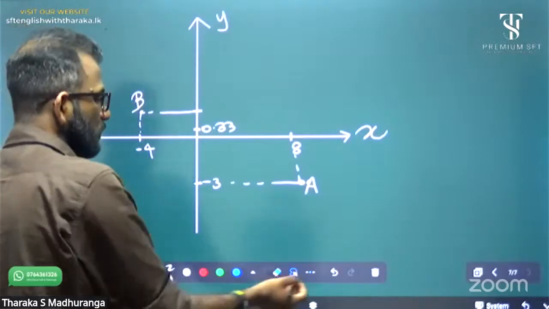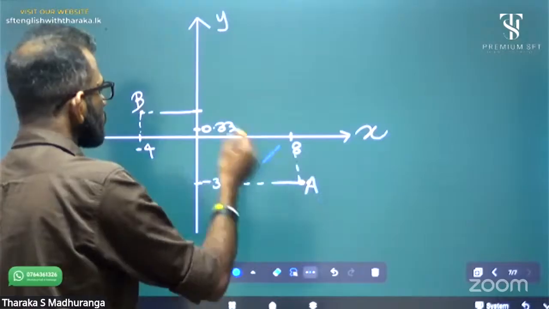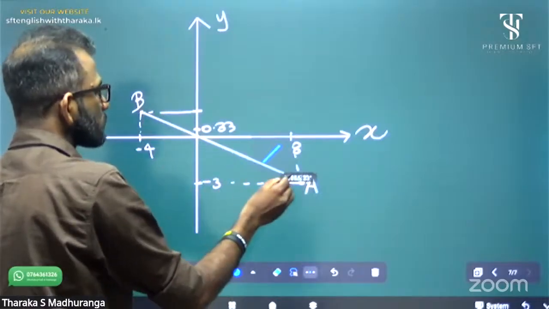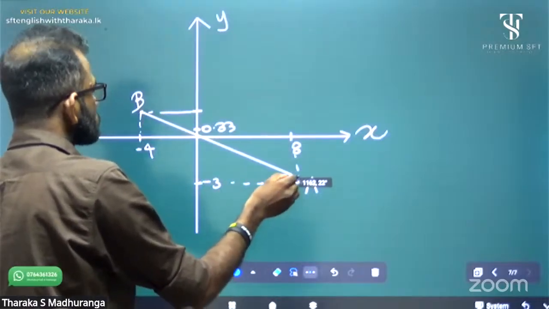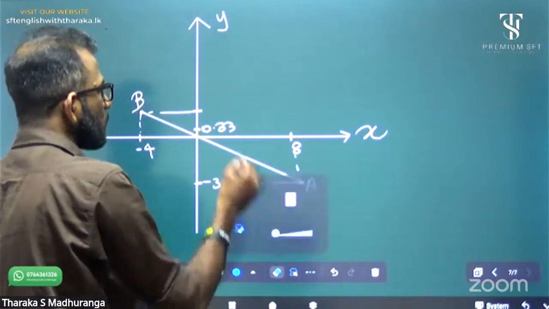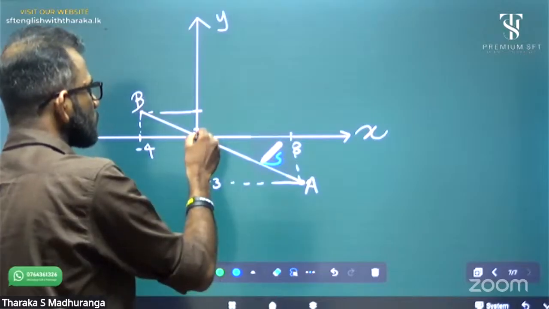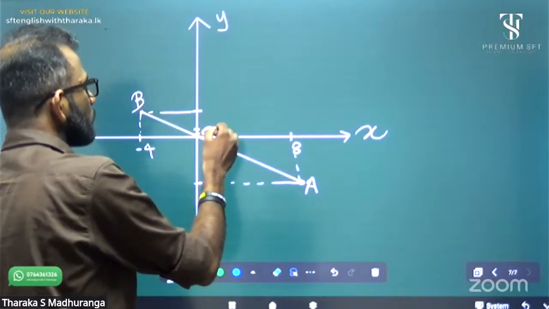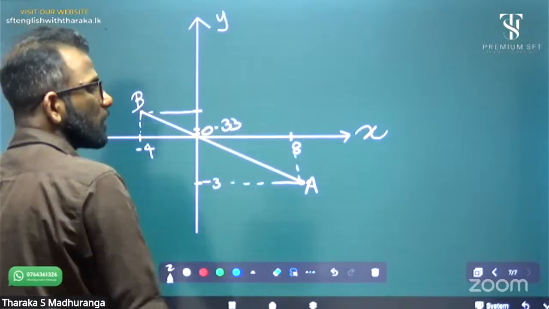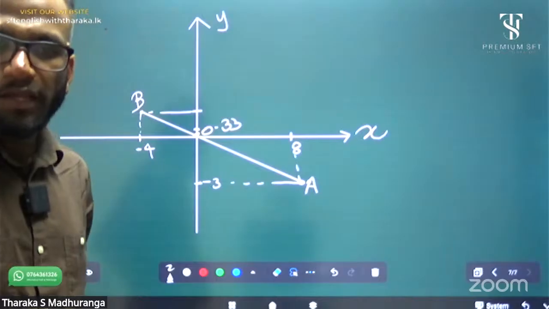Now you can draw your straight line on the Cartesian plane. Actually, this is the 0 point. This cutting point, 0.33, is the cutting point. Any idea?